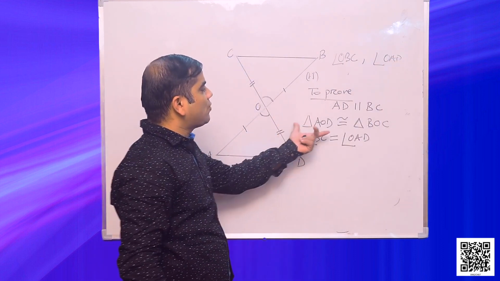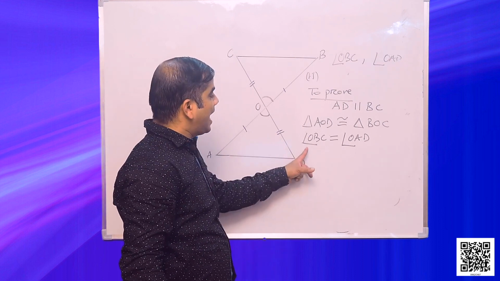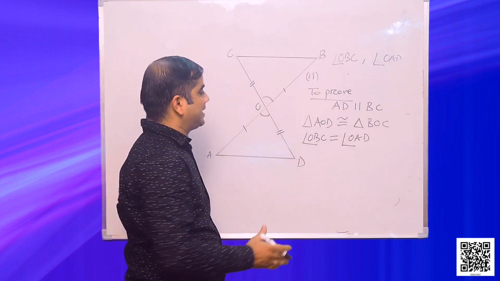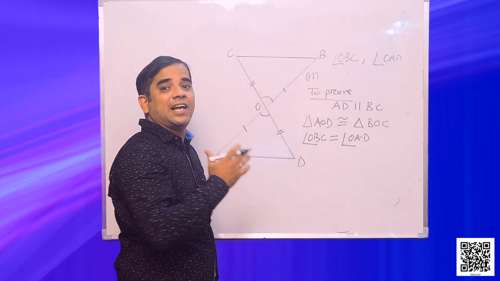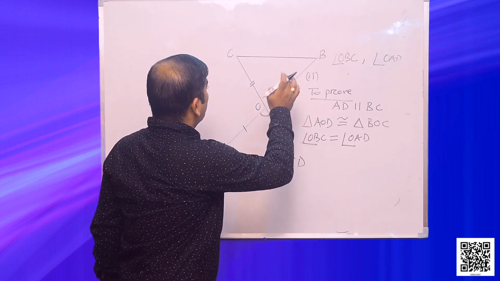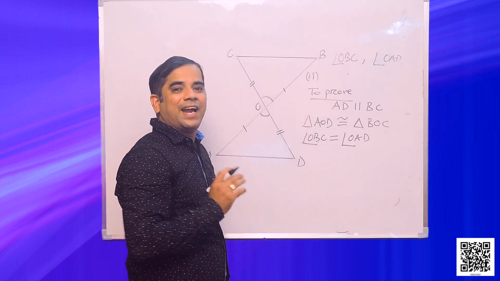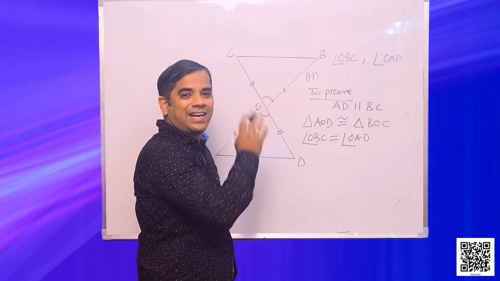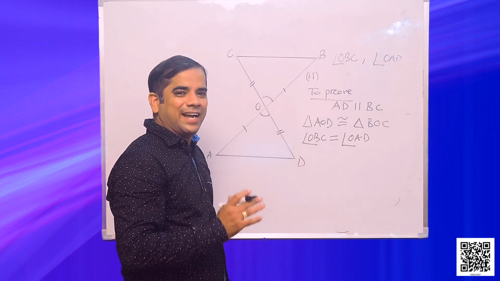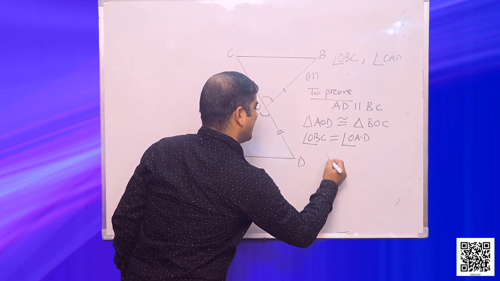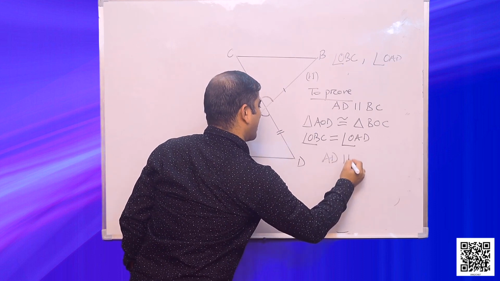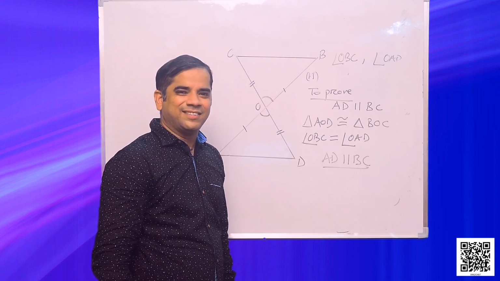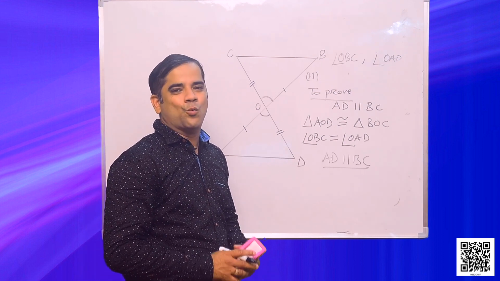From the congruent triangles, we have found out that angle OBC is equal to angle OAD. That means as the interior alternate angles are equal, BC is parallel to AD. Okay? This is proved from the concept of parallel lines and transversal. So, we have proved that AD is parallel to BC. Clear? This ends your example 1.